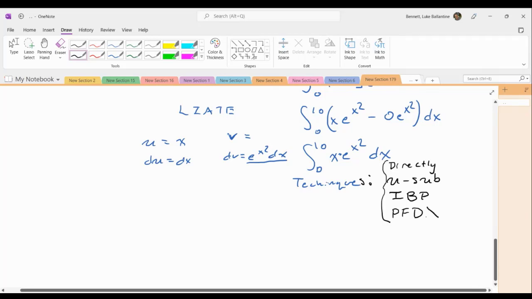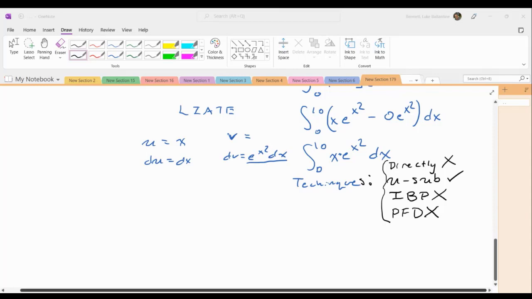There's no fraction. We already know it's not integration by parts. It doesn't appear we can do any sort of direct integration. So it has to be u sub. And you can also tell it's u sub in a more sophisticated way than process of elimination.